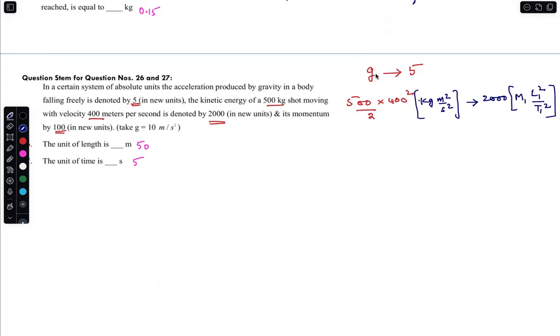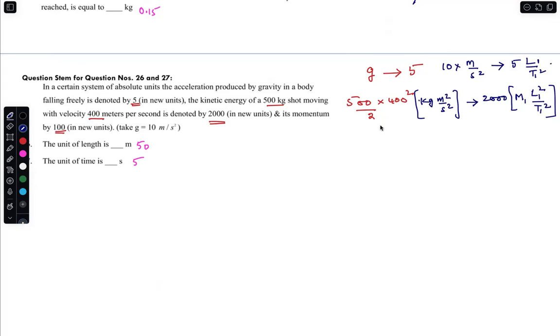And also I need to write our g, 10 meter per second square, can be written as 5 times length by T1 square. Two terms we have.